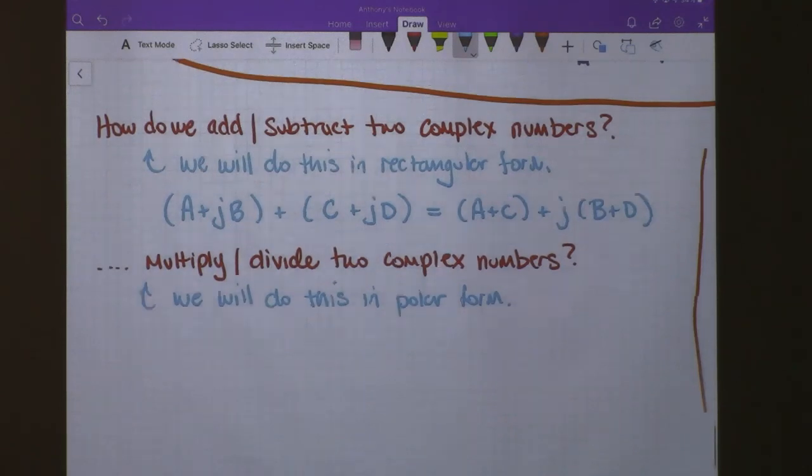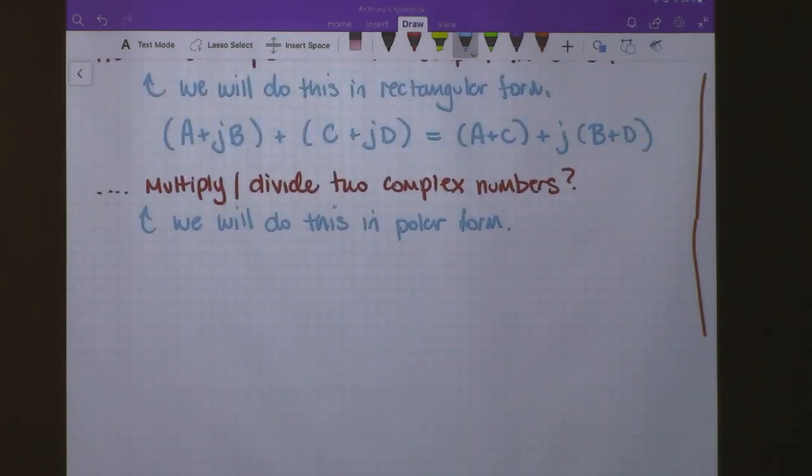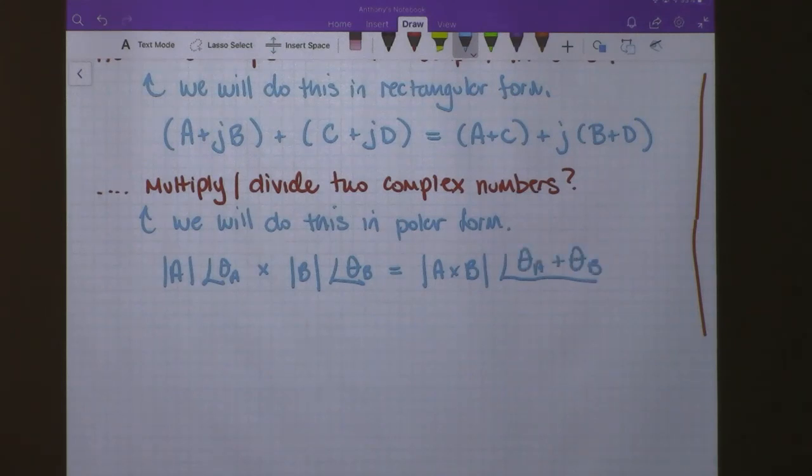And so what we end up with is A with an angle of theta A times B with an angle of theta B is equal to A times B with an angle of theta A plus theta B.